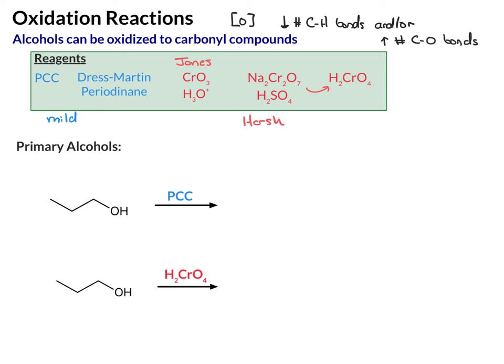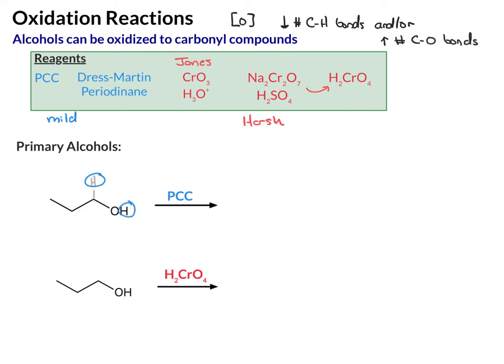When we talk about the reactions, we're going to see the difference in mild oxidations versus harsh oxidations. First, let's take a look at oxidizing a primary alcohol. I've used two different reagents here, and we'll look at each individually. The first is PCC. In this first oxidation step, there's a hydrogen on the carbon that's next to the OH.